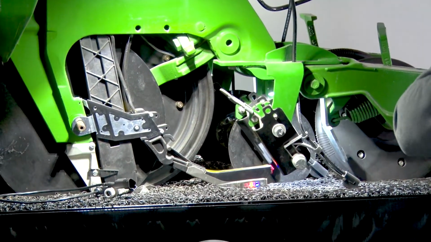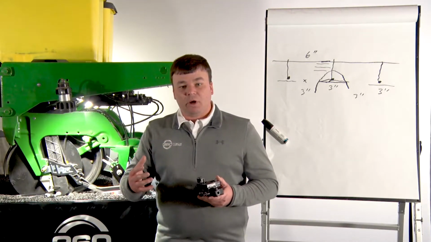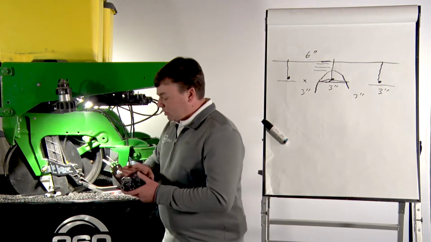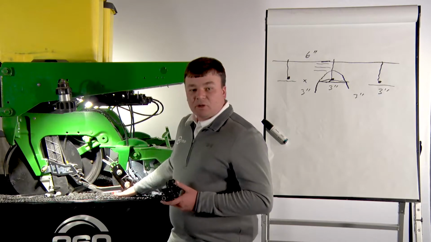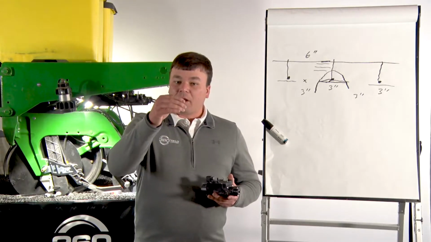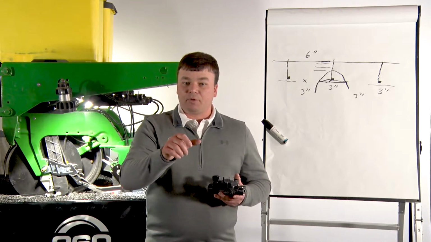And you can run a number of different attachments, different firmers, as well as 360 Wave that we've designed as our starter attachment. So as we run Dash, we're watching, we're counting the milliseconds, we're waiting until that seed arrives to where then the outlet of whatever attachment you're running arrives right at the beginning of that 3-inch dash that you want to create over the top of the seed.